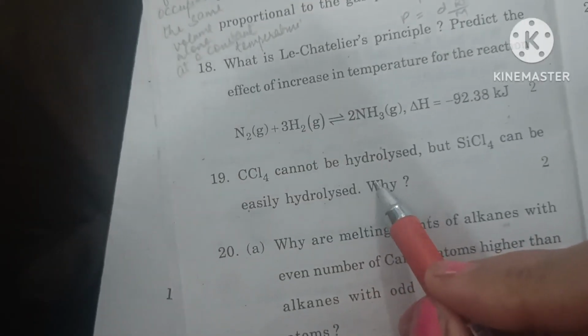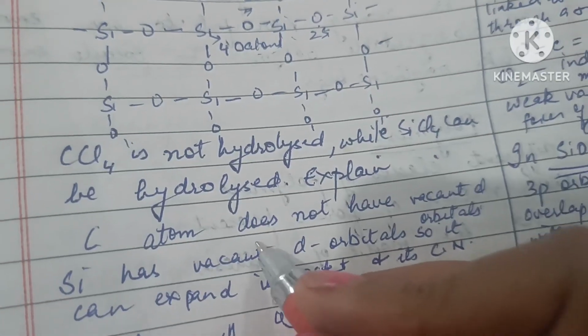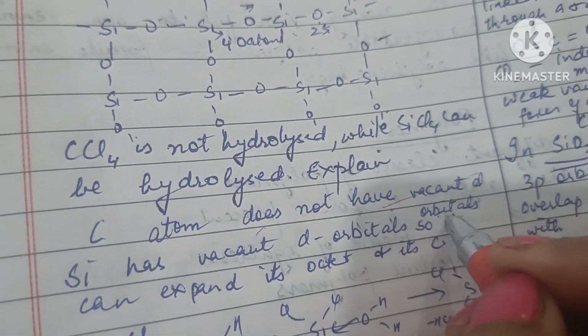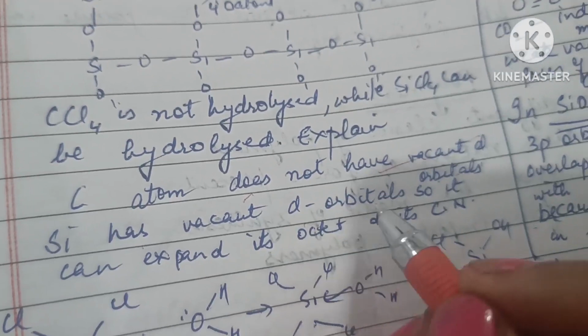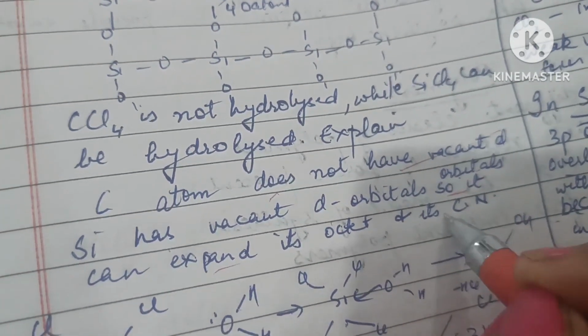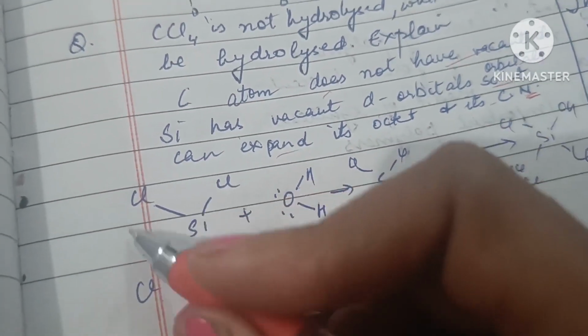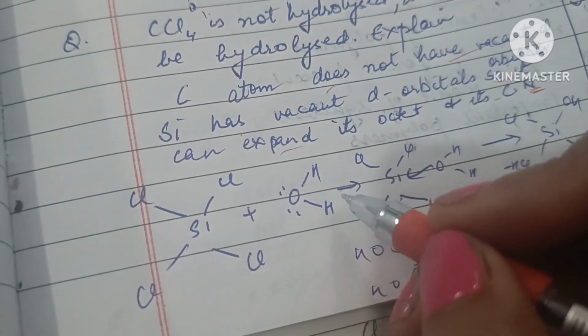CCl4 cannot be hydrolyzed as no d orbitals are present. Carbon atom does not have vacant d orbitals. Silicon has vacant d orbitals, so it can expand its octet and coordination number. For example, SiCl4 will react with water.